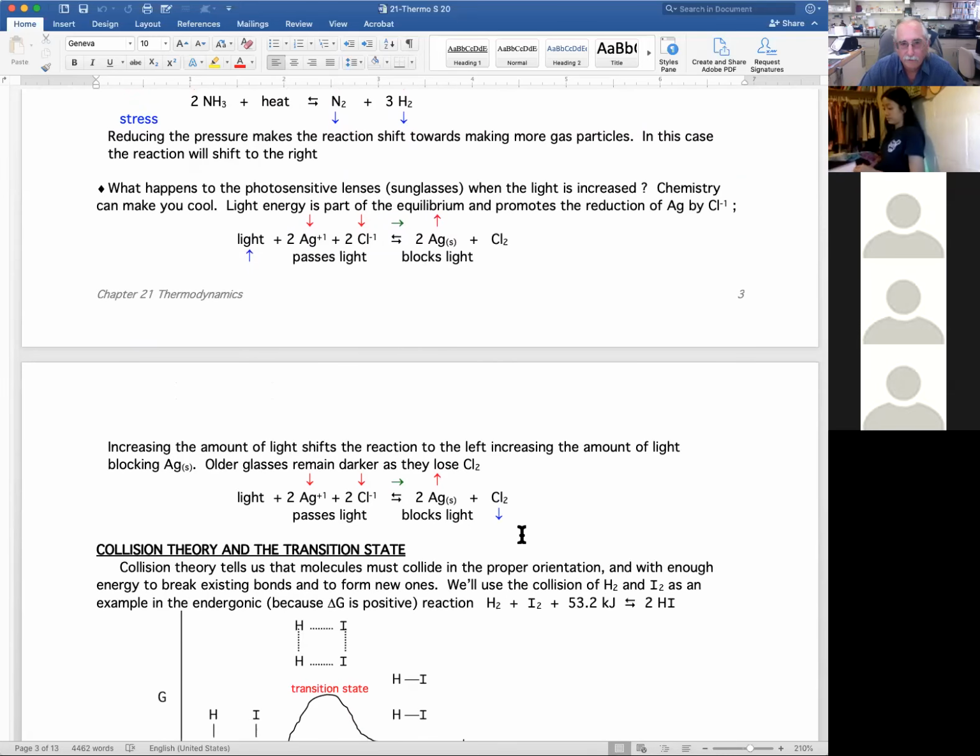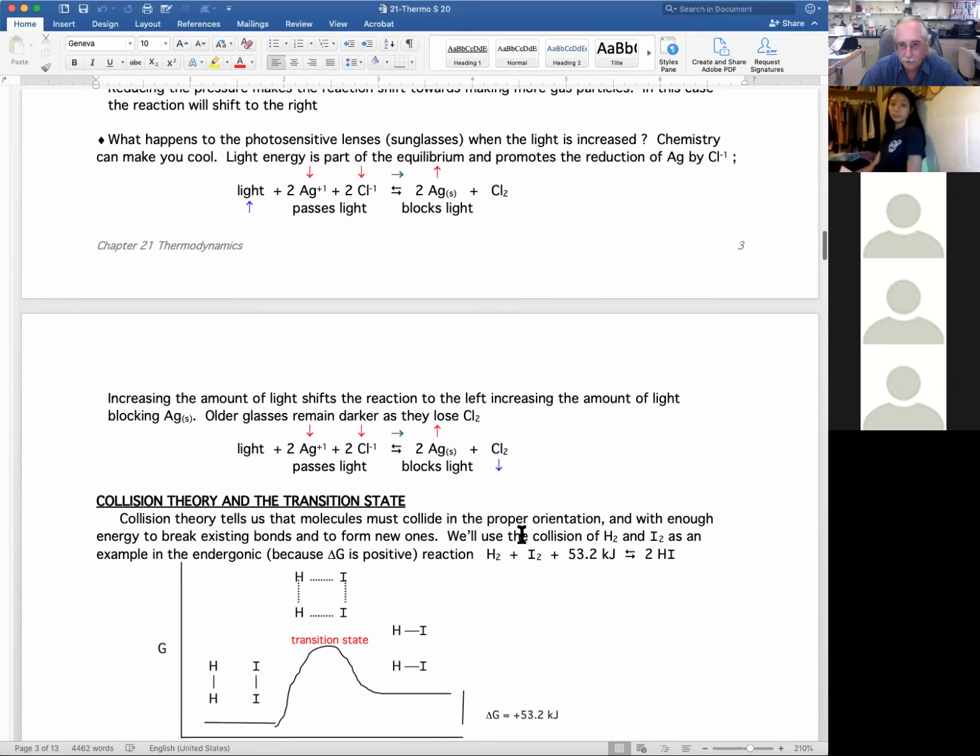Here's one way that photosensitive lenses work. In the glass, or plastic, is embedded silver chloride. Right now, there's not enough of it to block any significant amount of light. But when light comes into the picture, it's part of this equilibrium.